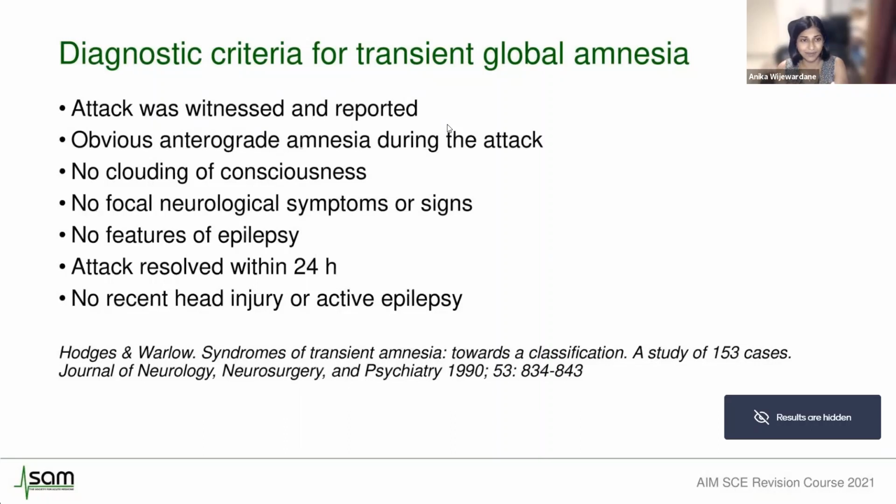But actually, a negative MRI doesn't really help you when you see these patients in clinic or at the front door within 24 hours or within their episodes. And that's why I wouldn't pick MRI as an investigation, although some trains of thought would be using that as part and parcel of an investigation. But here they just wanted how you were going to manage the patient. And I think most of you went along the lines of reassuring the patient that it was a benign condition, which is the right thing.